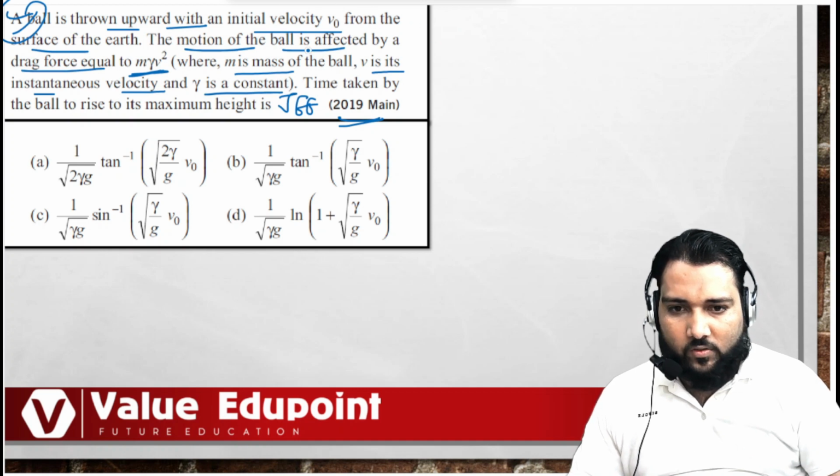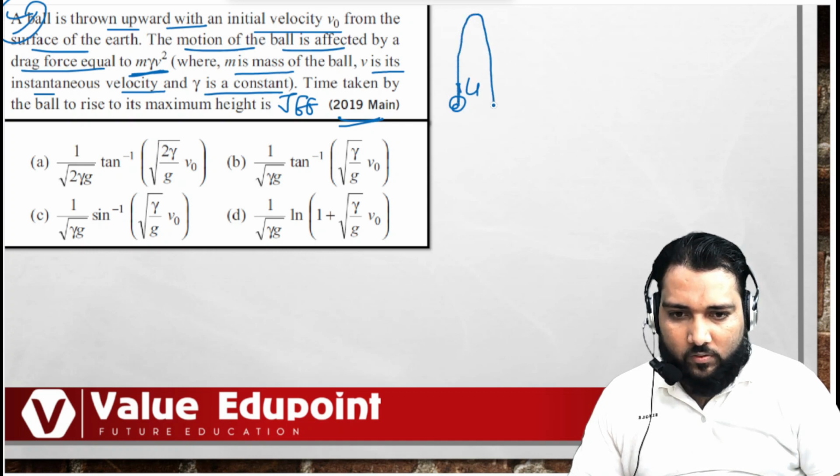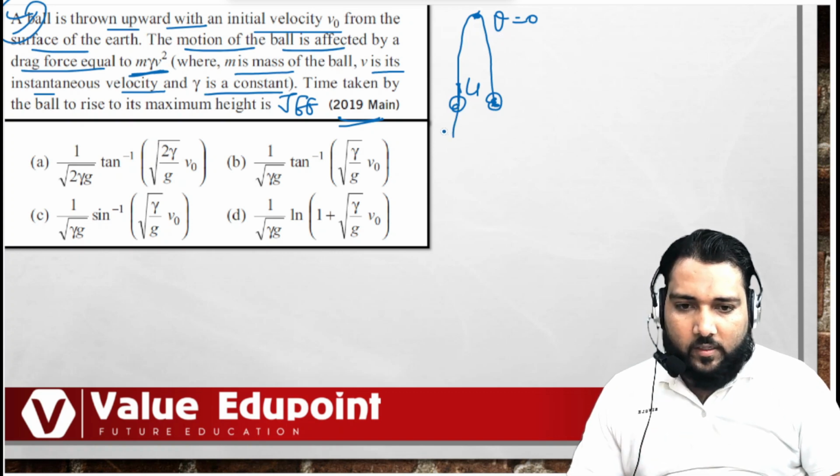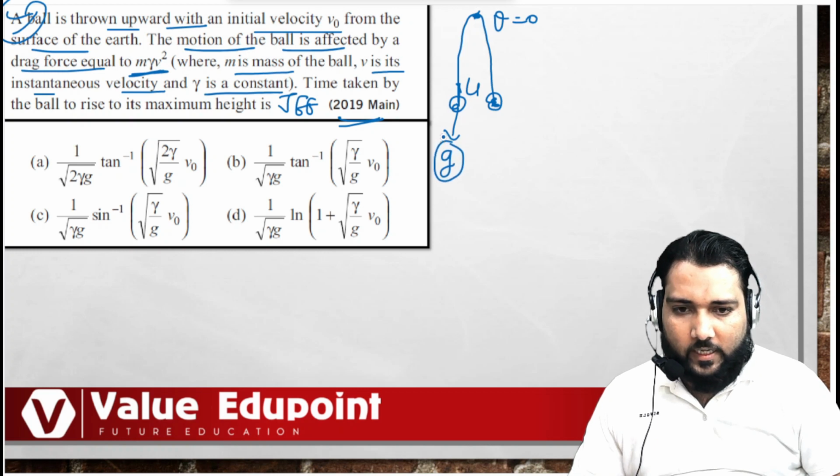Look at this, guys. Okay, when you throw one ball with some velocity u, this will go upward and then will come downward. Okay, so at the topmost point the velocity will be 0. Is it okay, guys? But here, one acceleration is gravity, which will act in the downward direction.